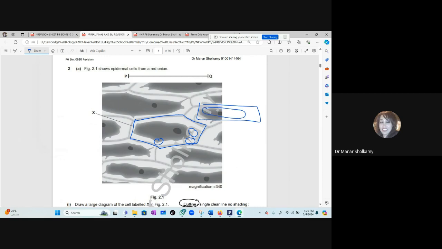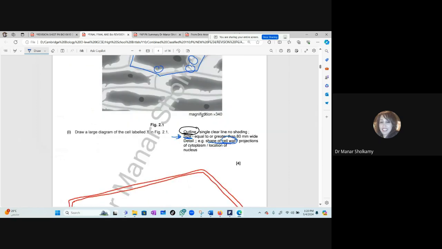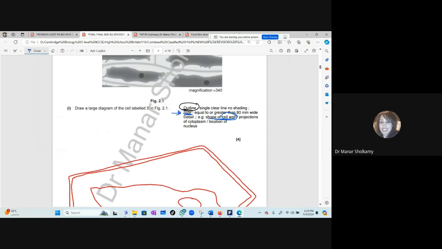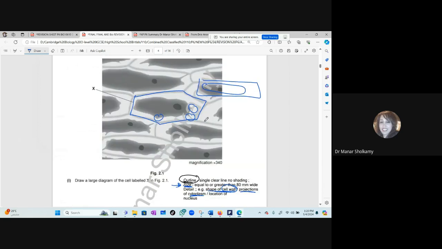There are projections, and you take marks for those projections. The nucleus is to one end, so don't make the nucleus in the center. Otherwise I deduct 3 marks, and you keep on complaining. The picture should have the same shape, the same details, the same location of structures, and no shading.